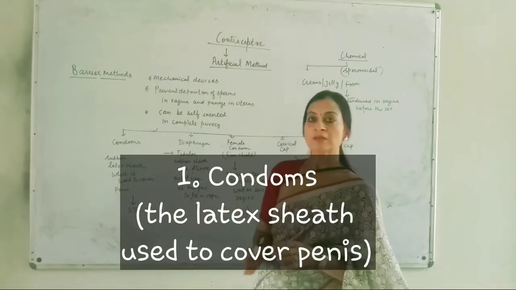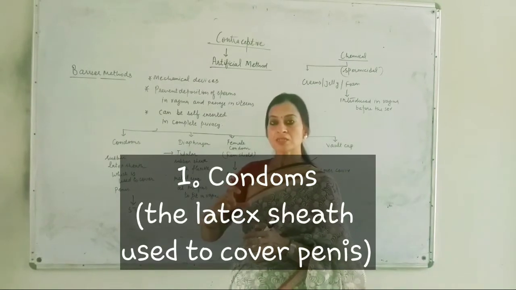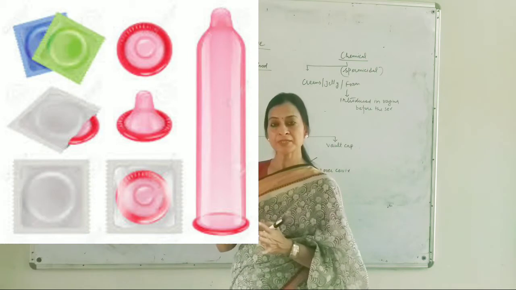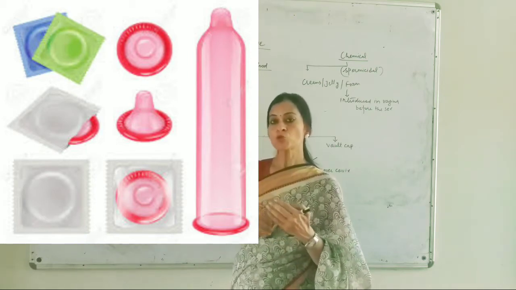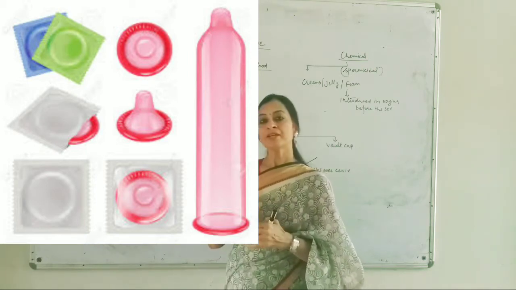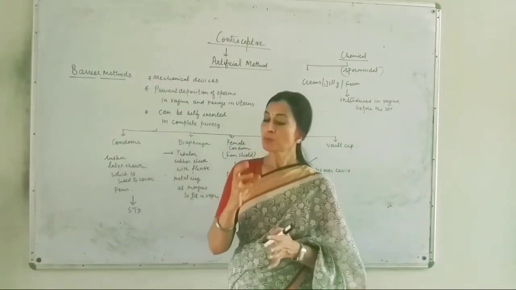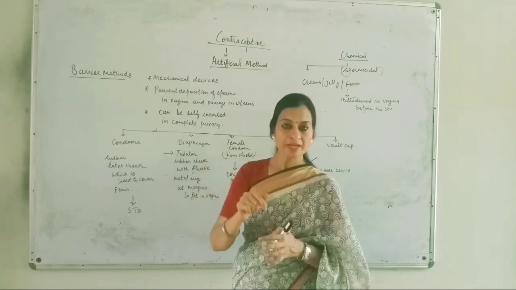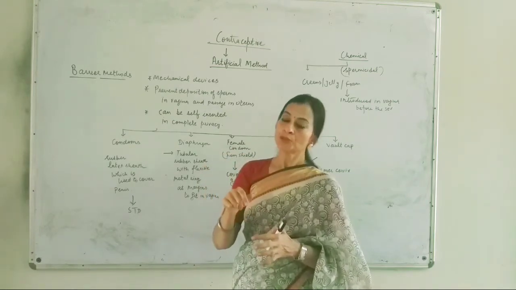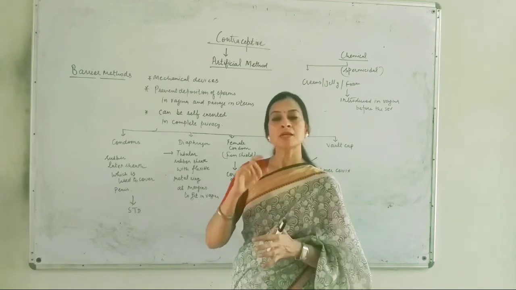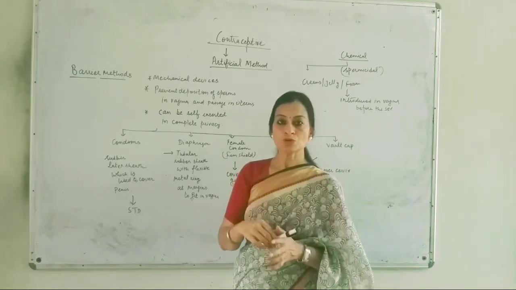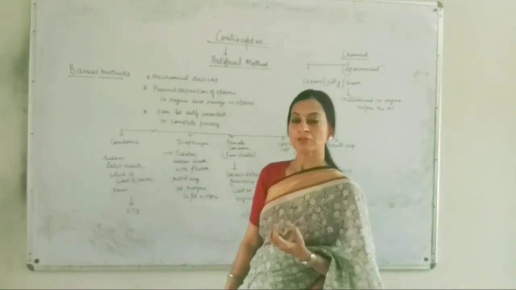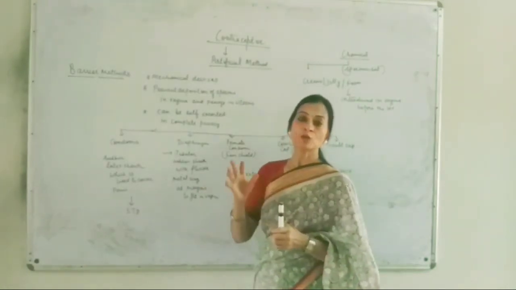Condoms are rubber sheaths made of latex, used to cover the penis, and when ejaculation takes place, the sperms remain inside this sheath. They do not enter the vagina or female body during intercourse. So condoms are a cover which prevents entry of sperms.